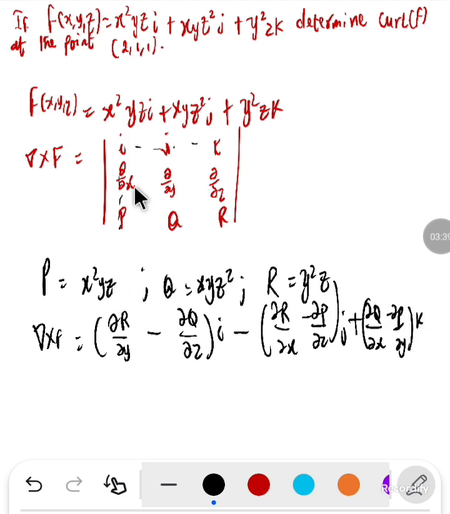You take it one after the other: plus, minus, plus. For the first one we have plus, which is i, for the second one minus, which is j, and for the third one plus, which is k.